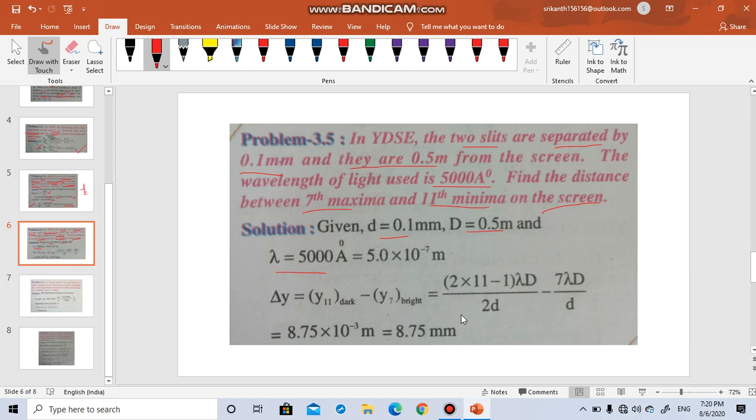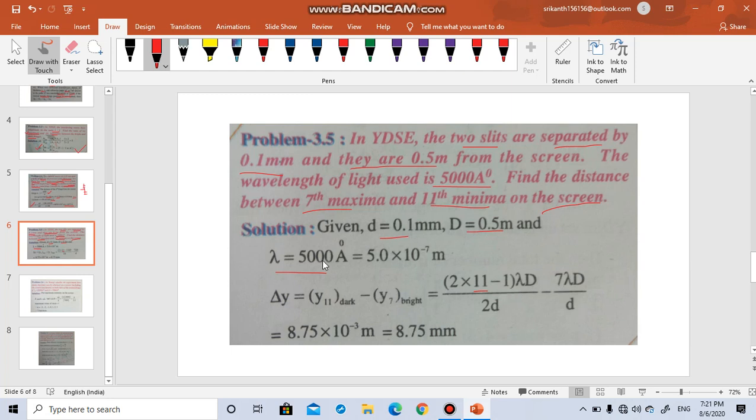In the case of bright it was n lambda D by small d. In the case of dark it was (2m minus 1) by 2 into lambda D by d. Just refer to my notes from yesterday. Just substitute the values here: m value is 11 and n value is 7.